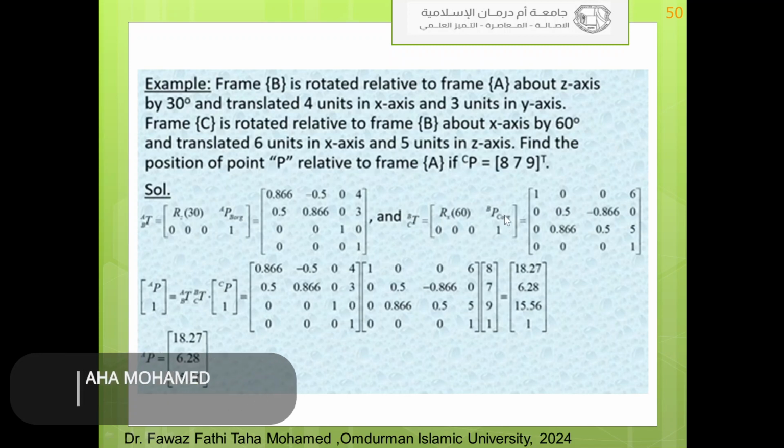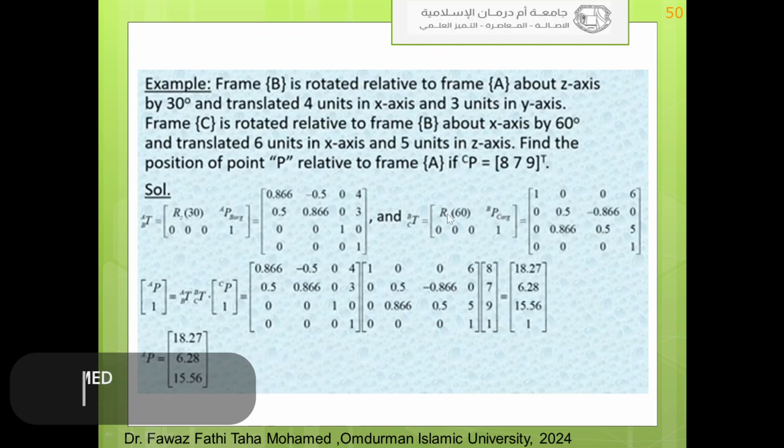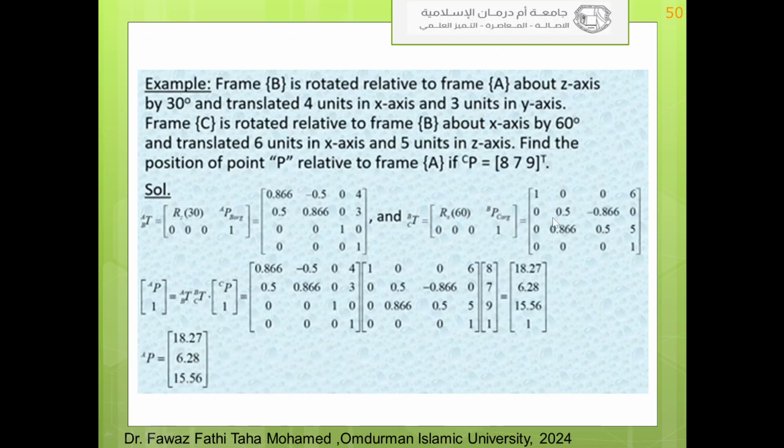Frame C is rotated relative to frame B, TCB, about the x-axis by 60 degrees, and translated 6 units in the x axis and 5 units in the z axis. Find the position of P relative to A if PC equals 879.